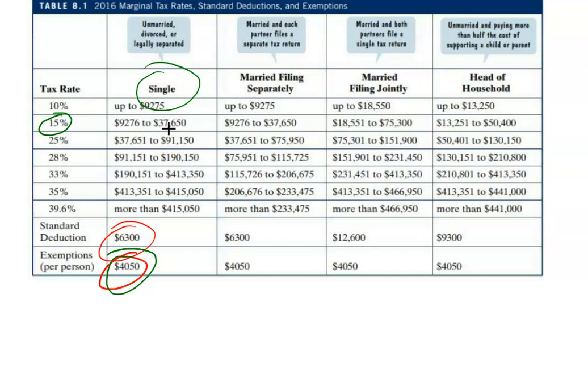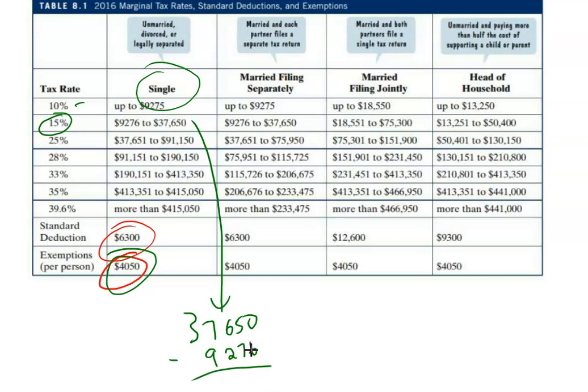But it's not 15% of $37,650, because the first $9,275 of that got taxed at 10%. So we only want the amount after that up to $37,650, which means what we actually want to do here is subtract to find out how much money is in this range. $37,650 minus $9,276.